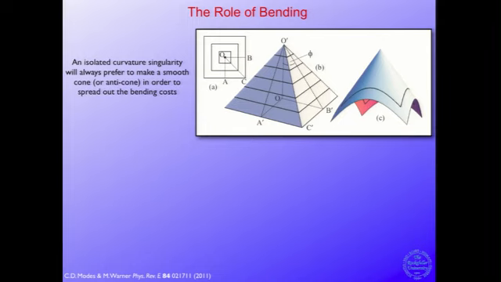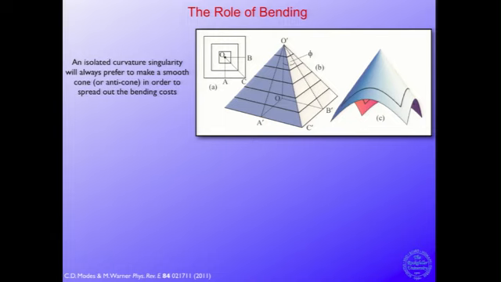So if you imagine this texture with concentric squares, at first pass you might think that it just makes a square pyramid by the symmetries. However, because of the role of bending, bending energy is a convex function, and it would much prefer to be spread out instead of along these folds coming out of the pyramid.